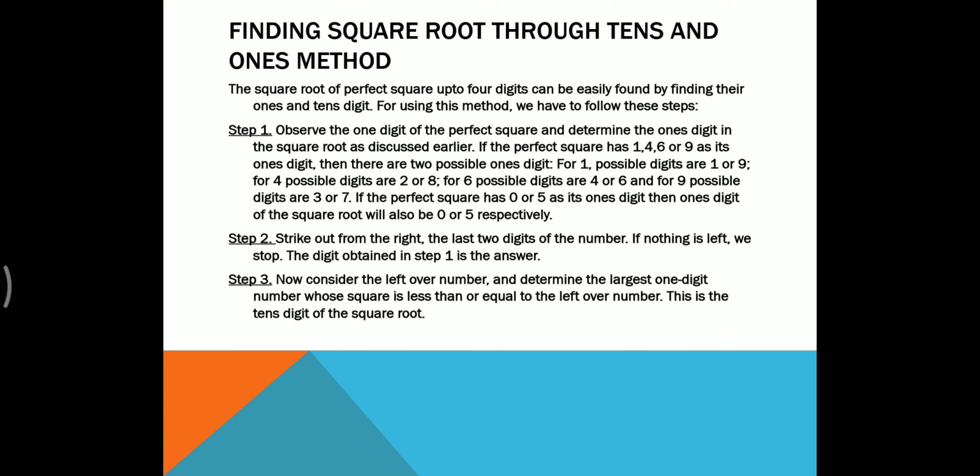For 4, possible digits are 2 or 8. For 6, possible digits are 4 or 6. And for 9, possible digits are 3 or 7. If a perfect square has 0 or 5 as its ones digit, then the ones digit of the square root will also be 0 or 5 respectively.